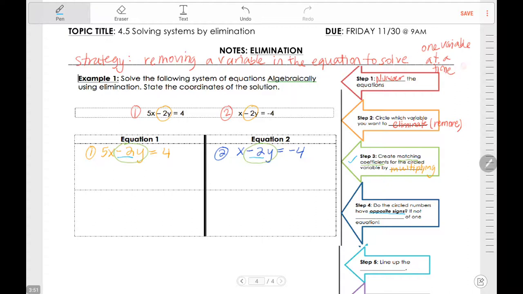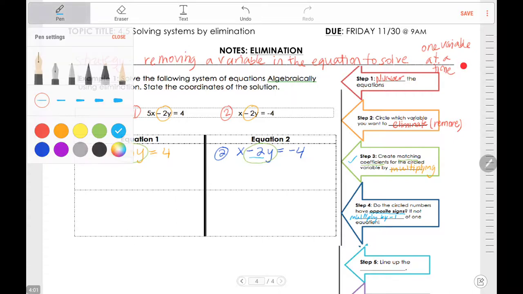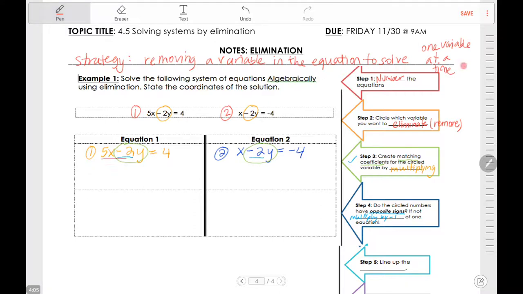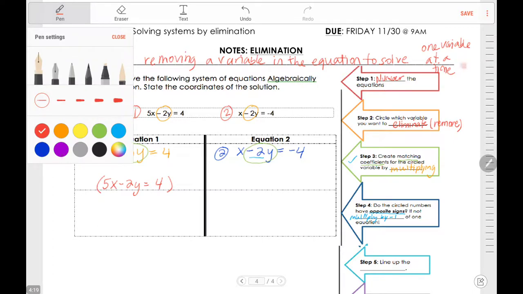No. So if not, multiply by negative 1 for one equation. That means I'm just going to choose equation 1. I want to get this to be a positive 2y so that it's opposite with this negative 2y. So what I need to do is I'm going to write my equation, 5x minus 2y equals 4. Put the entire equation in parentheses. Yes, the entire equation.